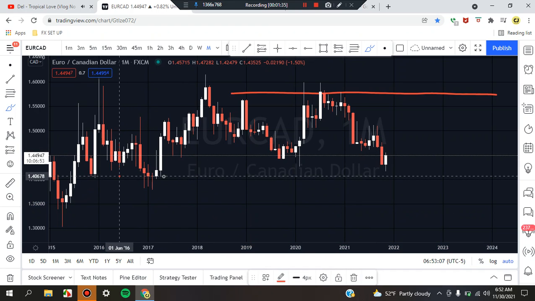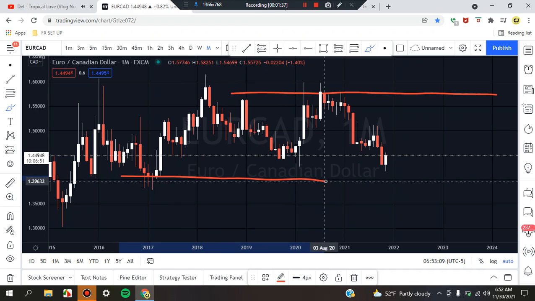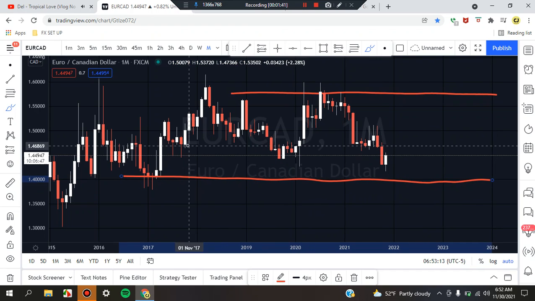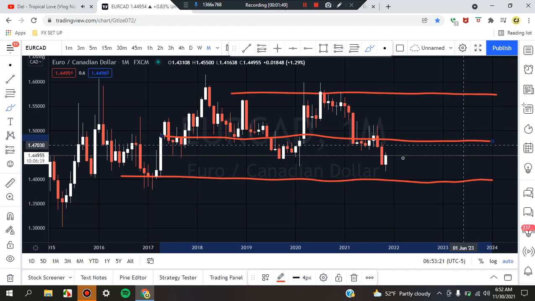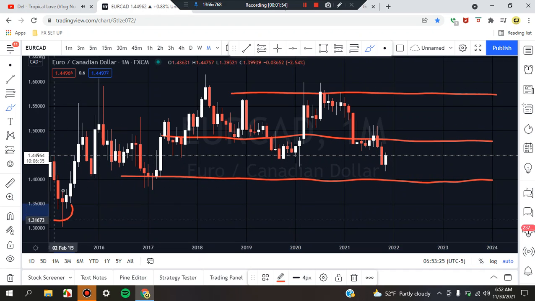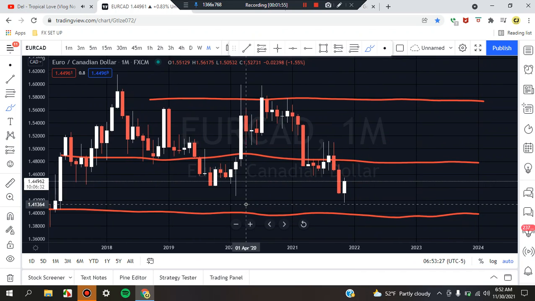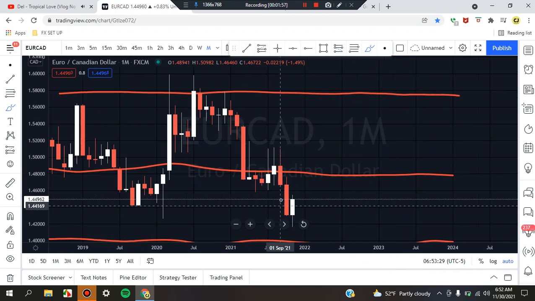So you're looking for price to tag this bottom here. Then we have the midpoint right in the middle. So once that market breaks that price action near that low that we created, that's our line of support. If it breaks that, we're going further down to the next area, which will be right here. So let's take a look at what's going on in the market.